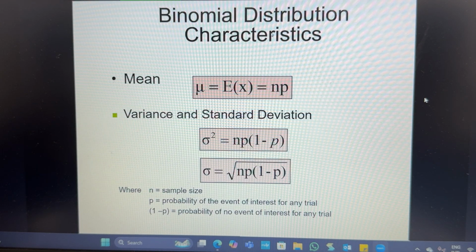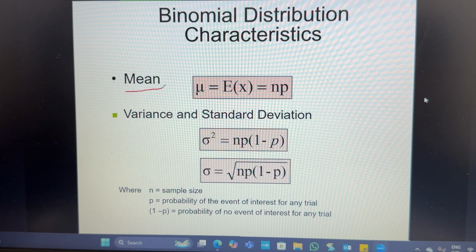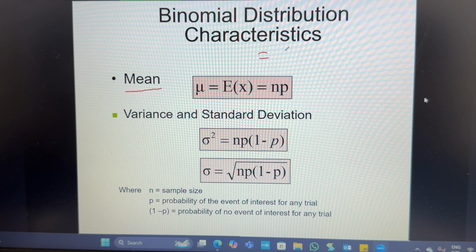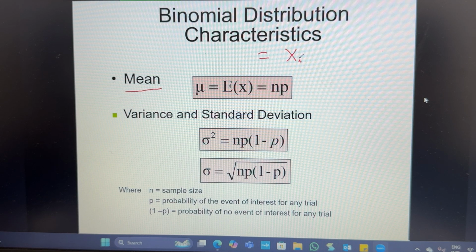Now the characteristics of the binomial distribution. We studied the mean of any probability distribution, and we have a common formula. Just before, we studied how to calculate EX: we take each xi, multiply the xi column by the P(xi) column, and sum.